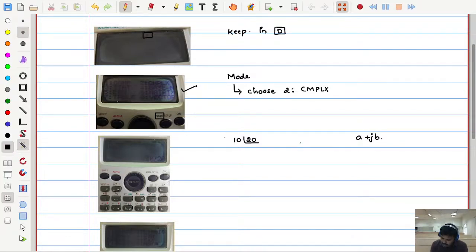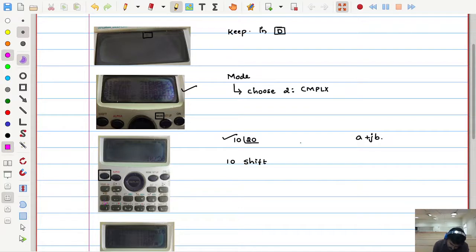We would like to enter this number in the calculator. How can we enter it? First you type 10, then press the shift button, followed by the angle symbol. Here it is, some angle symbol is there. Let me highlight that with some color.